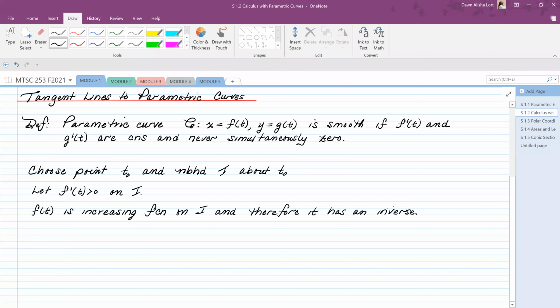Okay, so now we're going to say we have x is equal to f of t, and it has an inverse function t is phi of x. So we get y is equal to g of t, but g of t is just g of phi of x. So therefore I can write y as a function of x.